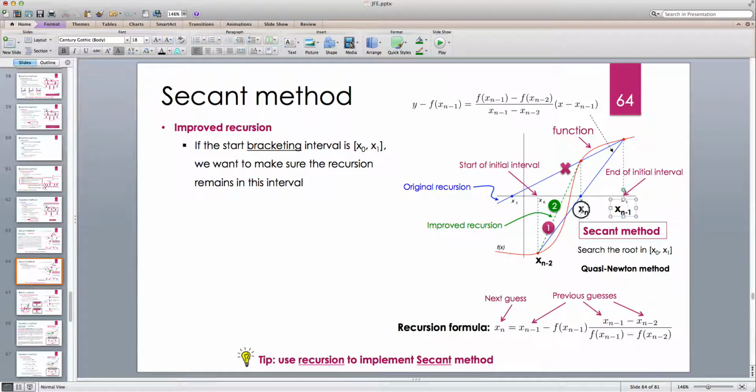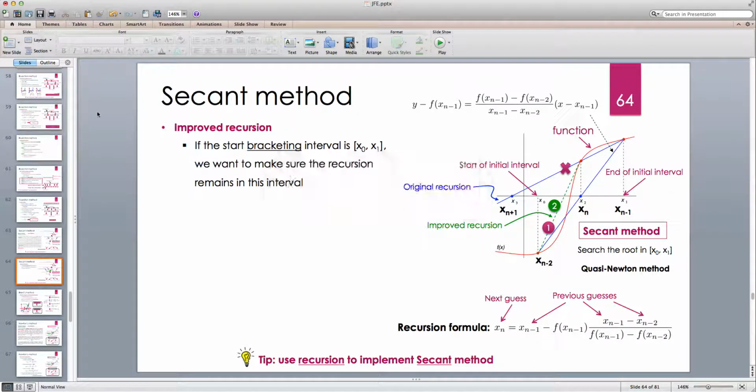So the distance of xn to the root is much smaller than xn plus 1 to the root, right? So this is a problem, and so far we did not address it in the code, but we try to go and address it in the code.